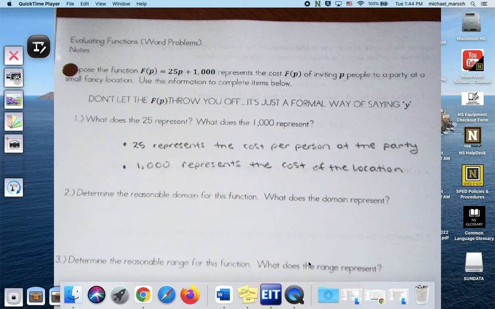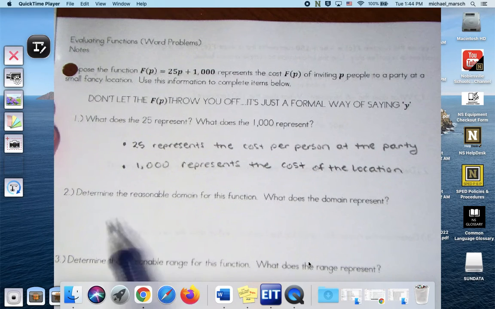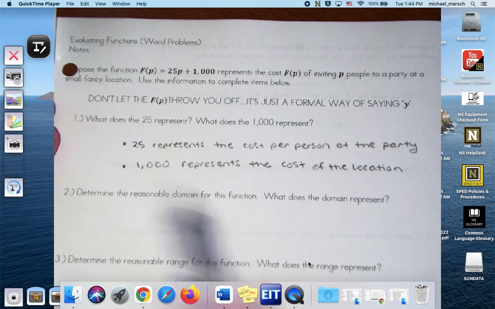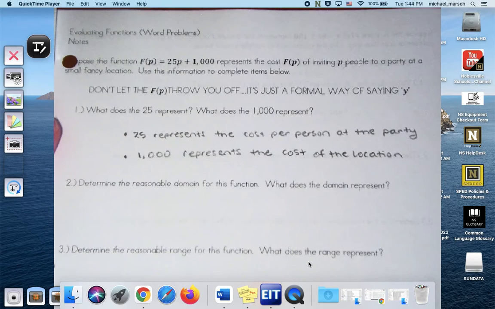Zoe? 85. Okay. Addison? 50. Your reasonable domain for a small fancy location might be different than mine. But if you said something like 400, that's not a small fancy location.